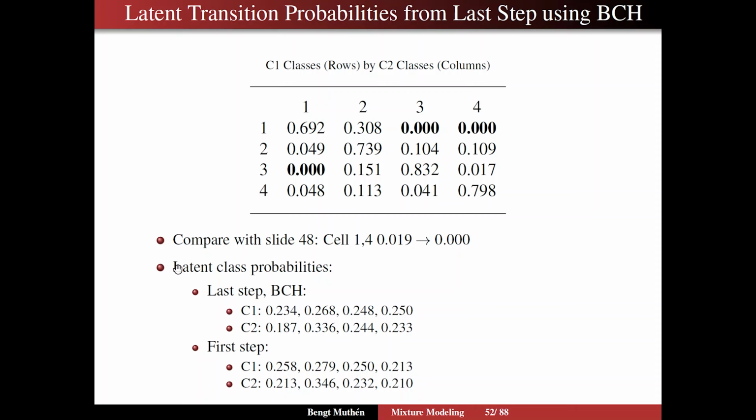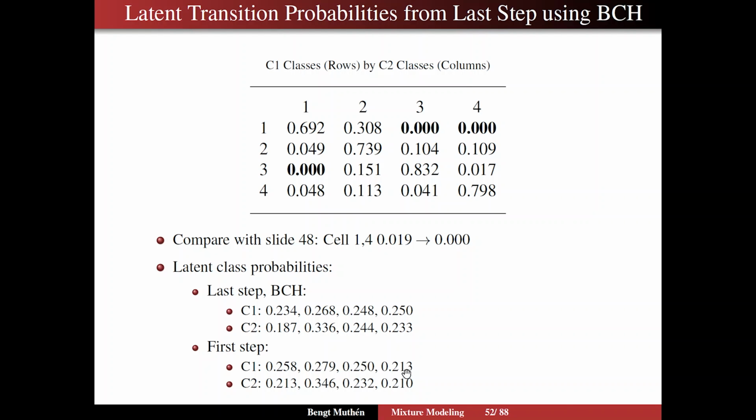And we can take a look then at the latent class probabilities for the last step of BCH. Here they are for C1 and C2, and compare to the first step. And we see then that we have a little bit more difference than we've seen before. 0.213 versus 0.250.